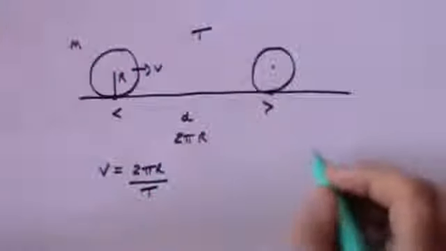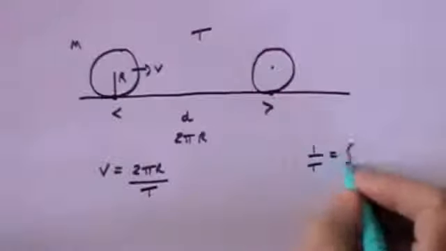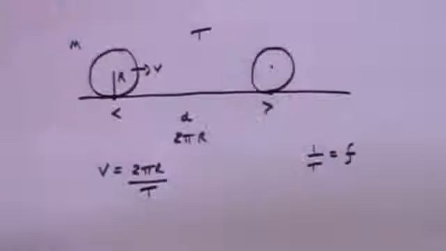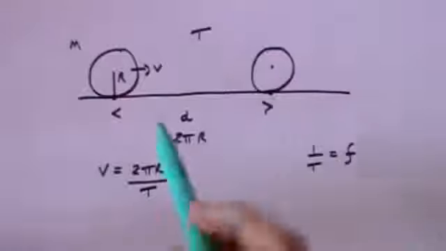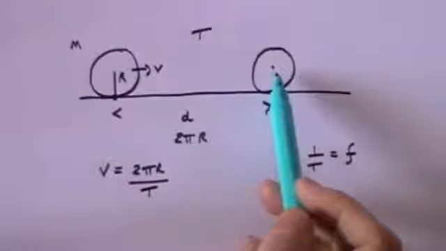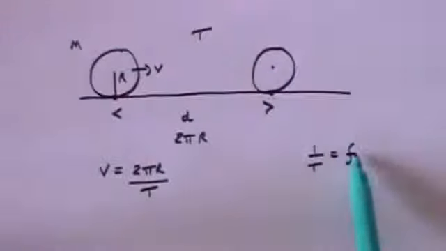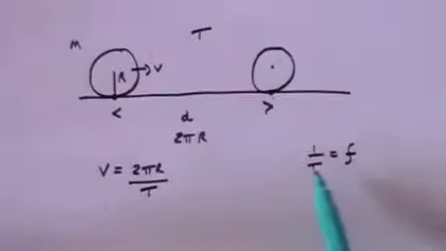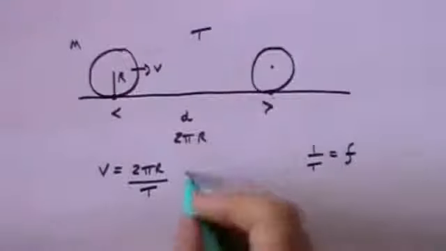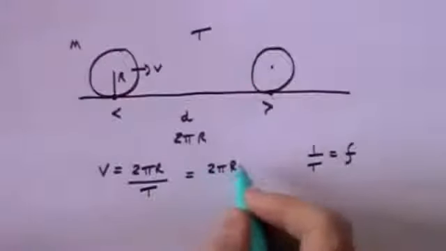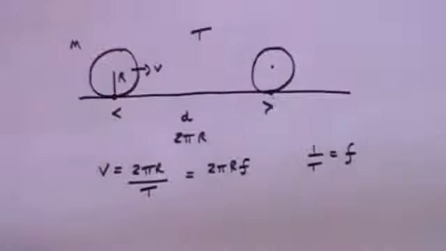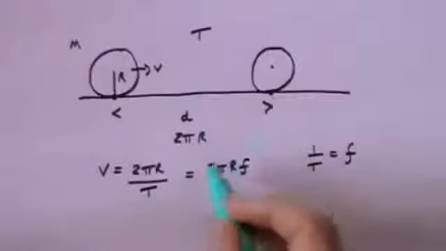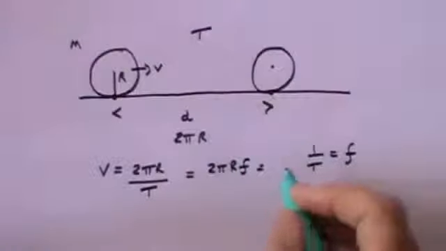And you may remember that 1 over t is equal to the frequency. If t is the period, that is the time for one cycle to go round, the frequency is the number of cycles per second. So if 1 over t is f, then the velocity is also 2 pi r times f. But 2 pi f is omega.